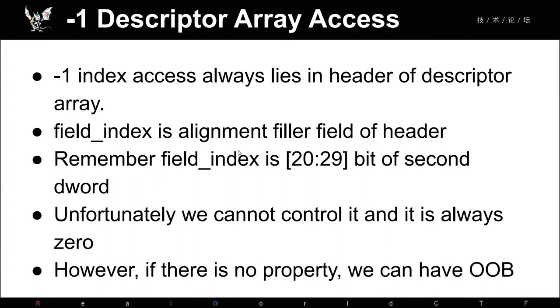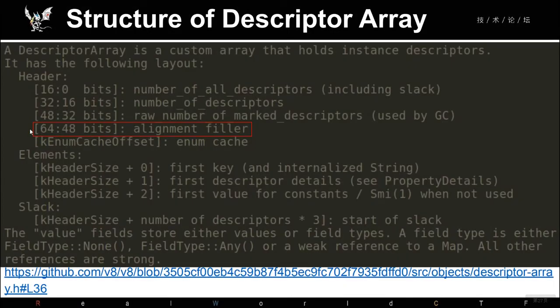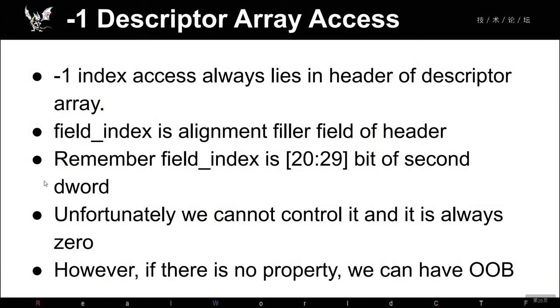And the field index will overlap with the alignment filler in the header, which is this part in the red rectangle. Remember, the field index is the 20th to 29th bit of the second double word. Unfortunately, we cannot control it, and it is always 0. However, if there is no property, we can have an out of bound access.